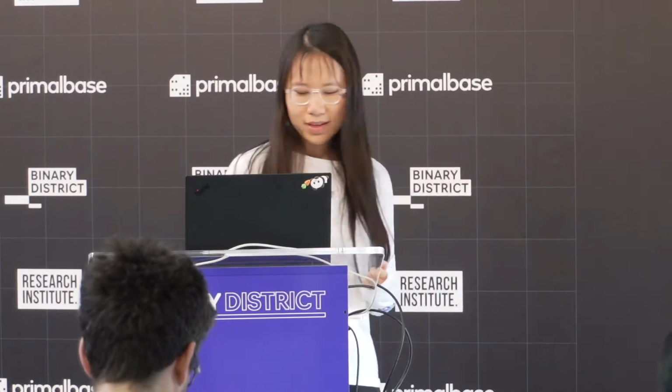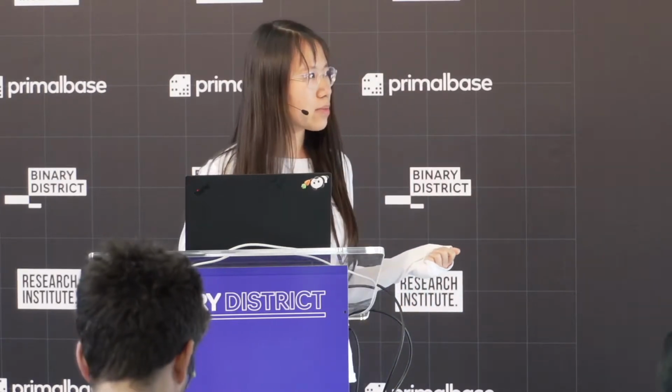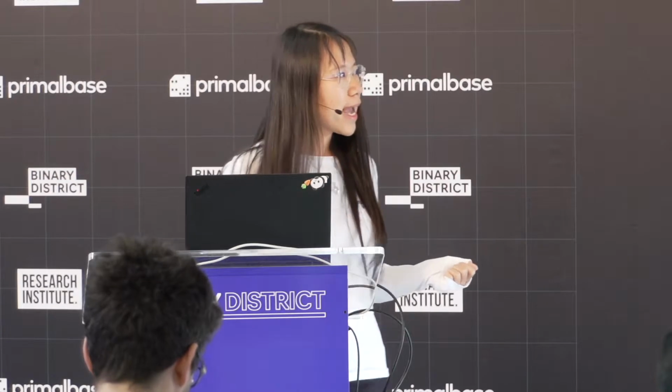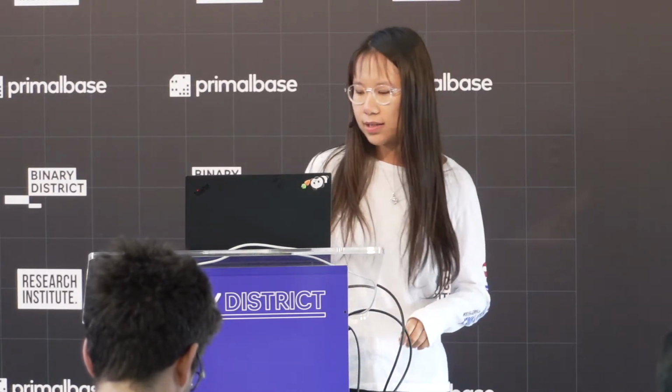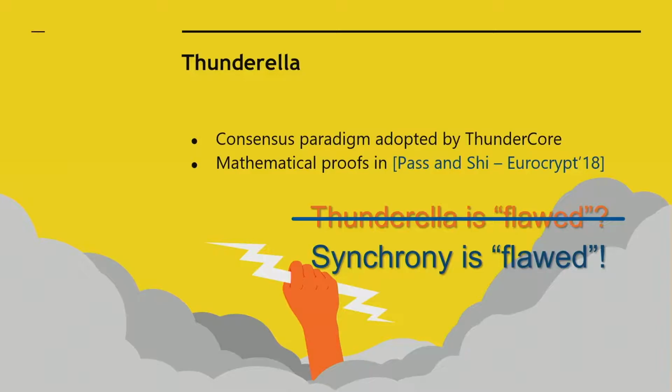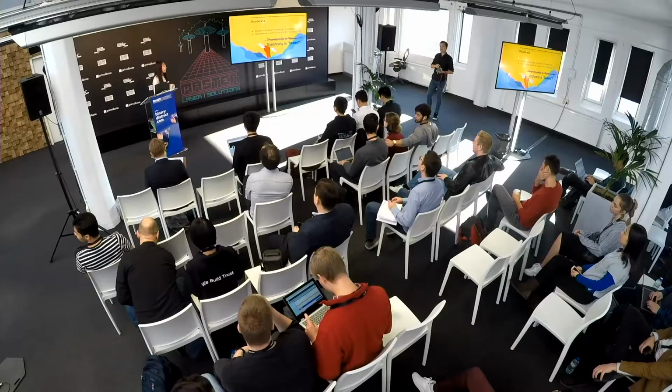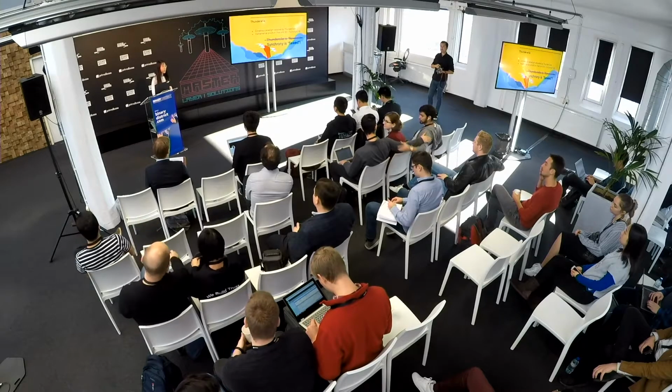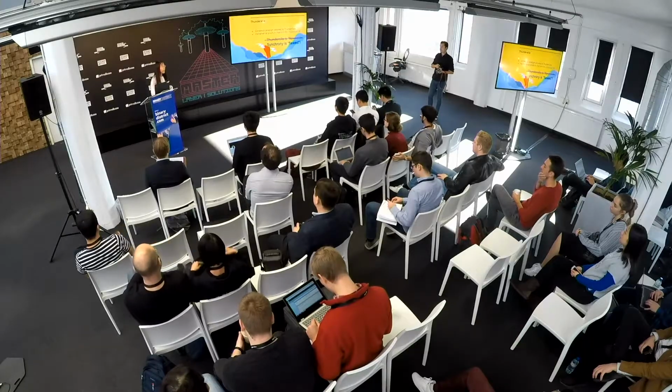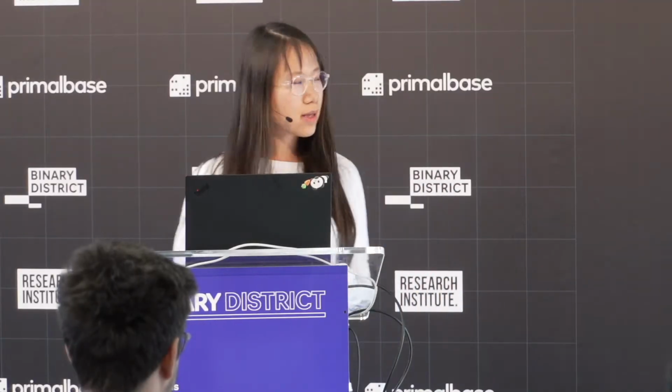So does this mean that Thunderella is flawed? By thinking deeply about this question, we found that it is not Thunderella that is flawed; it's the traditional synchrony definition that actually allows this attack. This leads to our proposal of a new synchrony notion. At the end of the talk, I will also give a fix to Thunder, which makes it secure under this new notion and gives us better robustness and scalability.